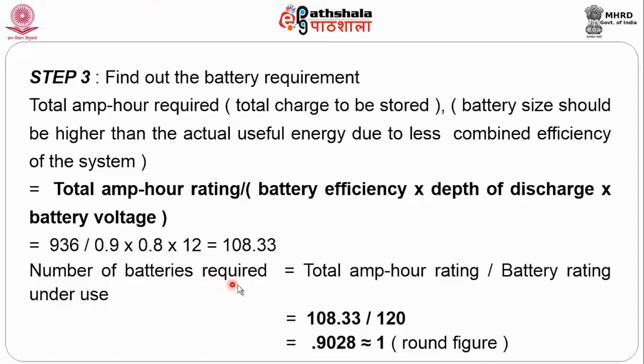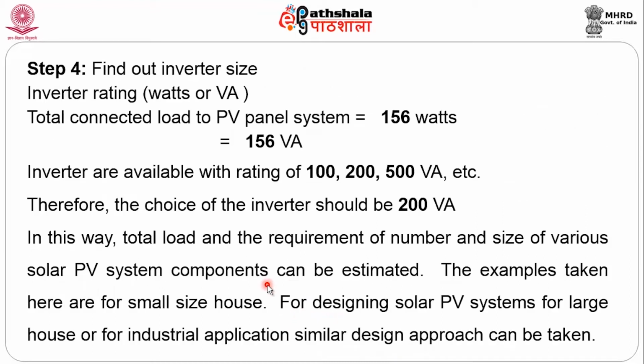Number of batteries required is equal to total ampere hour rating, 108.33, divided by battery rating under use. The standard battery rating is about 120, and when we divide this we get 0.9, roughly we need 1 battery for the storage of electricity, to run 2 lights and 2 fans.